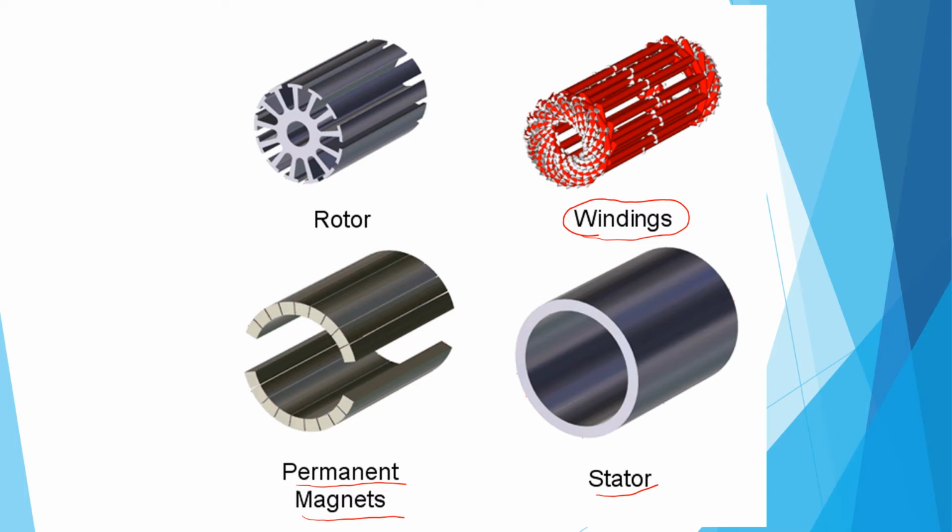And on the rotor, take this rotor and rotor winding. You can use a conventional stator or you can use permanent magnets. On this stator you mount permanent magnets, so there is no need of winding on the stator. There is only one winding and that is on the rotor.